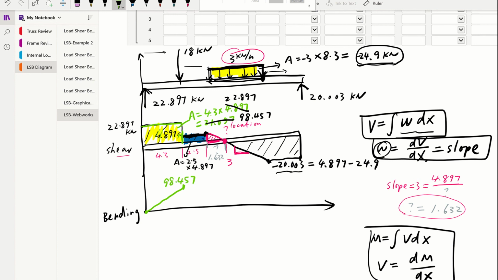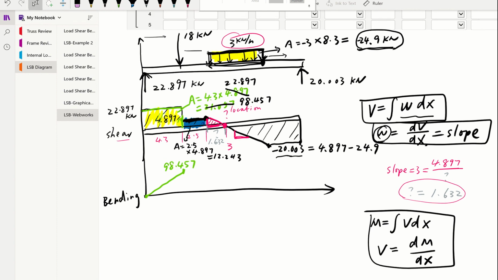So now we're going to integrate this area. We are using 2.5 times 4.897. That gives me 12.243, about there. So what does that mean? I'm going to add this value onto it. Here's my calculation. We're going to start at 98.457.